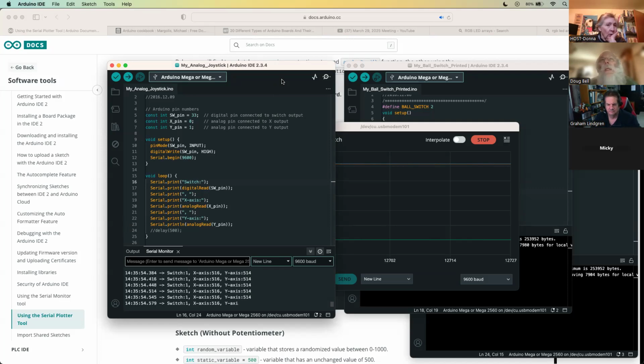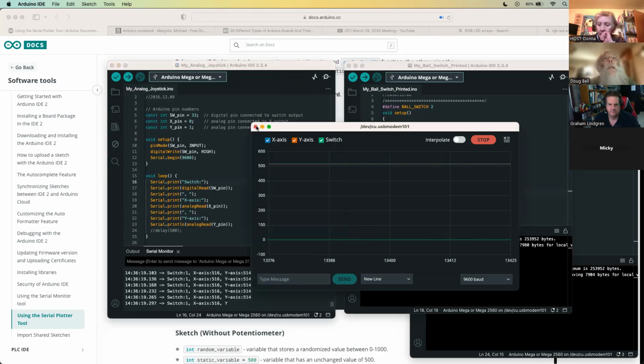Yes, the version of the IDE that I installed has these 2 icons here on the top of each window. This is the one, the serial monitor, and you can see it going at the bottom here. And then the serial plotter is this one.